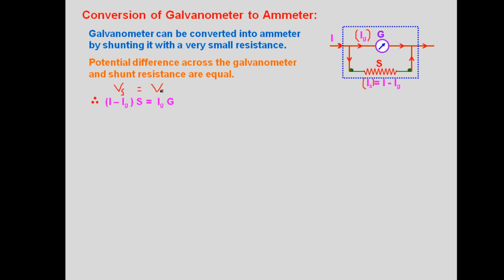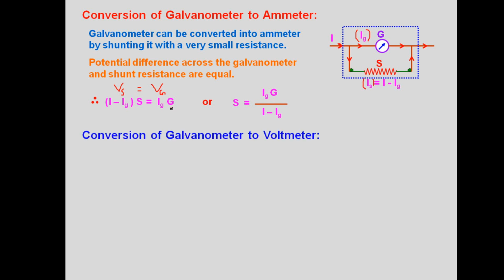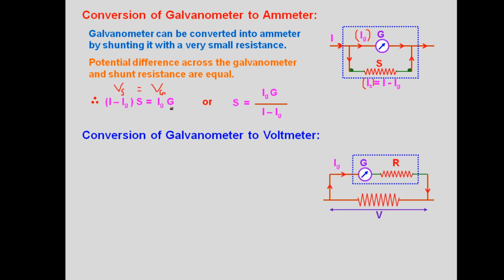So using the formula, I in shunt is I minus Ig, I in galvanometer is Ig, and G is the resistance of the galvanometer. So formula for shunt will be Ig into G upon I minus Ig.